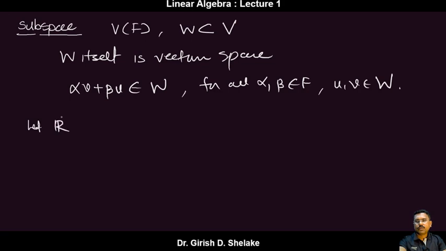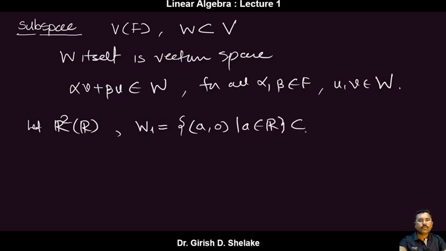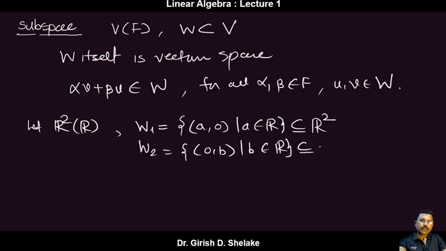Let R2 over R be a vector space, then we define W1 as the set of all elements of this type, that is ordered pair (a, 0) where a belongs to R. Obviously this is a subset of R2, and W2 is equal to the ordered pair (0, b) where b is in R. Then these two are actually subspaces of R2.